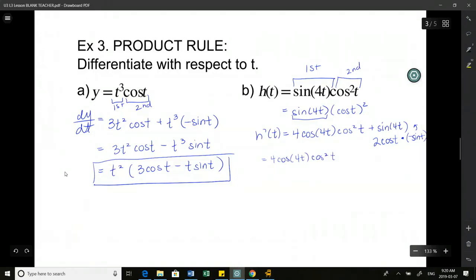I'm just going to rewrite this on the same line for you here. Oh, I should put the 2 out front as well. The 2 is here and the negative is here.